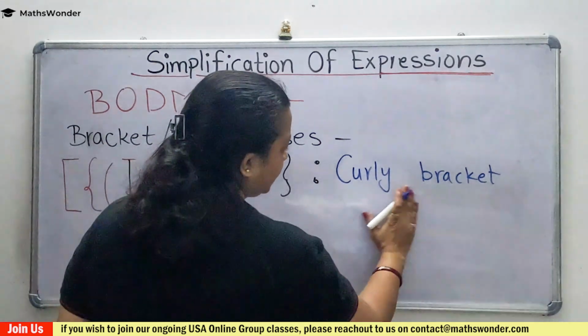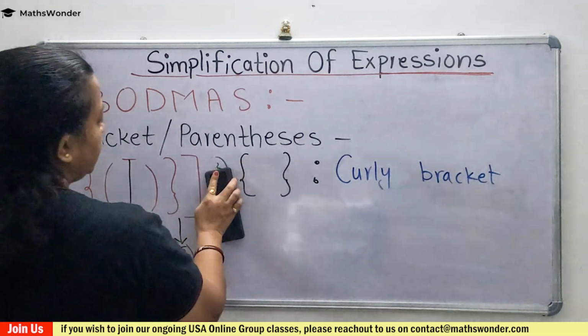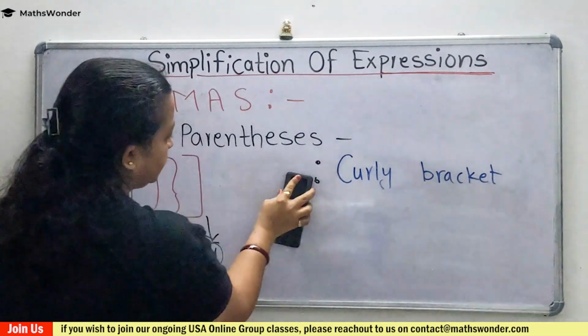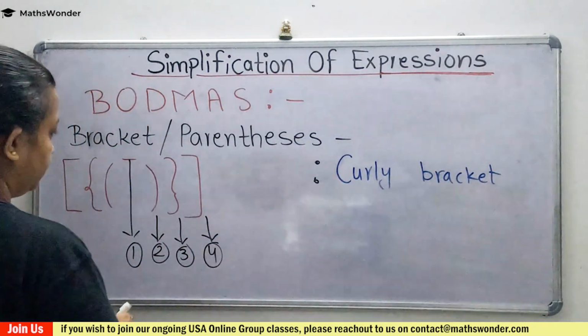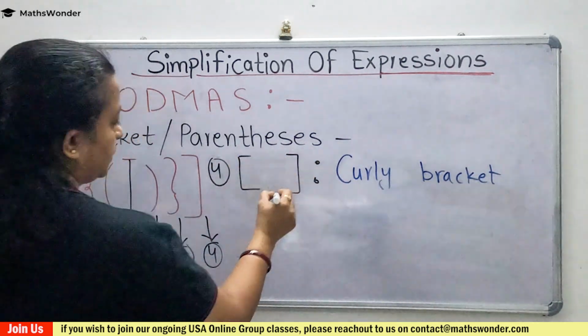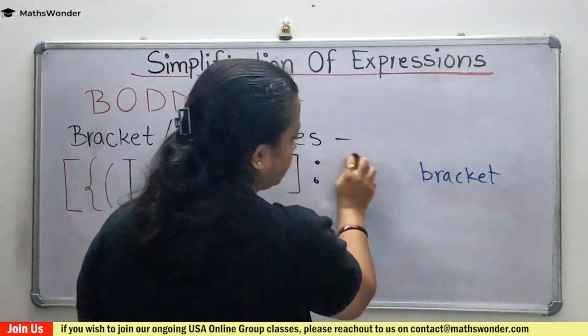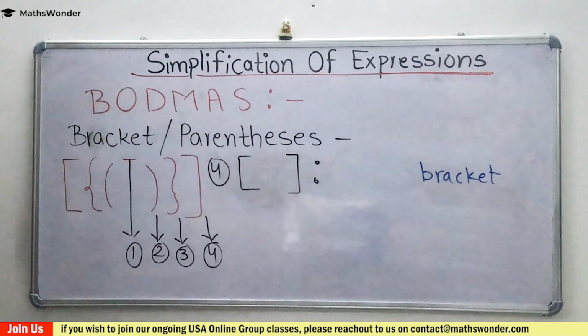Only curly is enough, I guess. Okay, so the third parenthesis you will solve is the curly. Now the fourth is, now we'll do the question, then you will understand this. O stands for of, as you know. Of means multiplication.